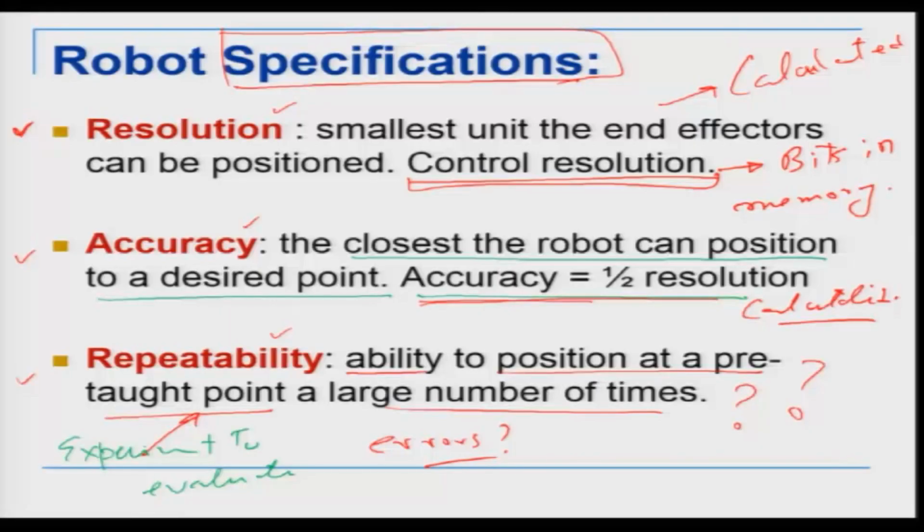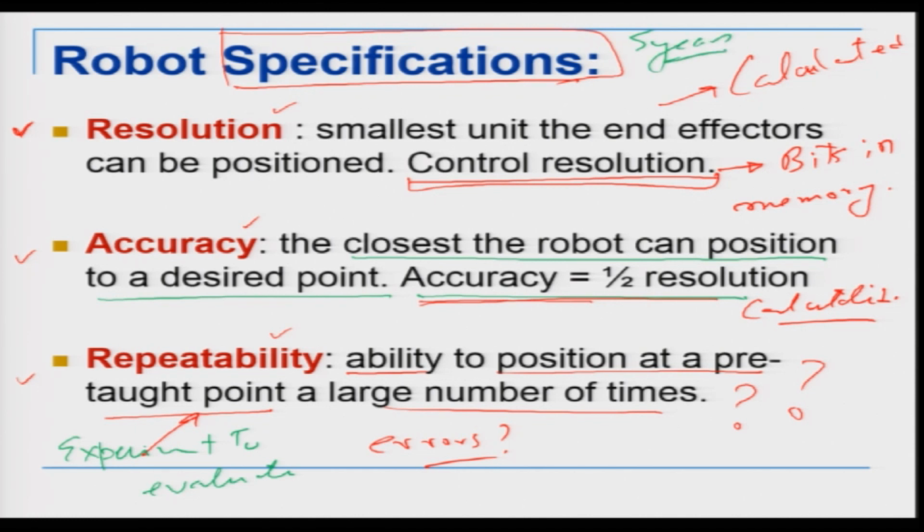Then they find the standard deviation of the errors and say that this is my 3 sigma, and that is the repeatability of the system. And this takes time, because some of these errors also depend on time. Things like wear and tear depend on time. So the manufacturer has to give all these numbers, and the robot specifications are normally given for the life of the robot, which can be 5 years or even more.